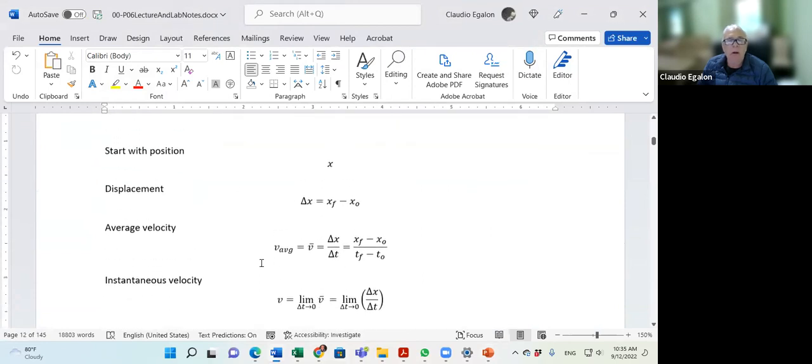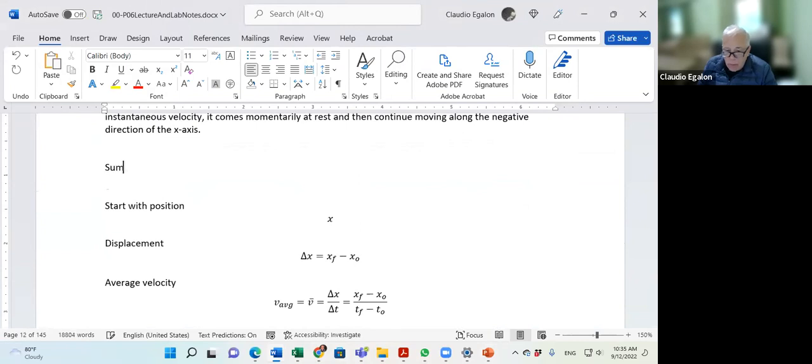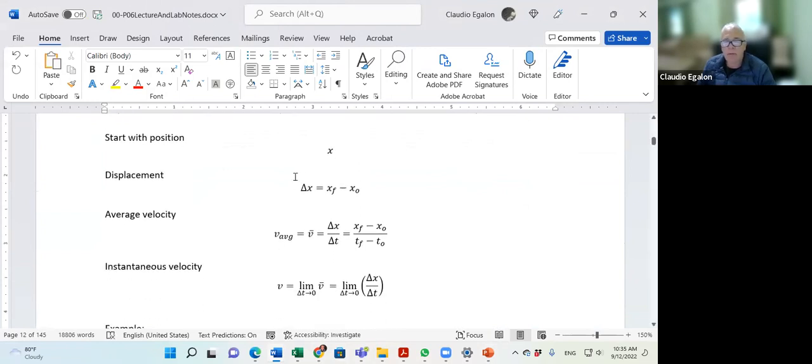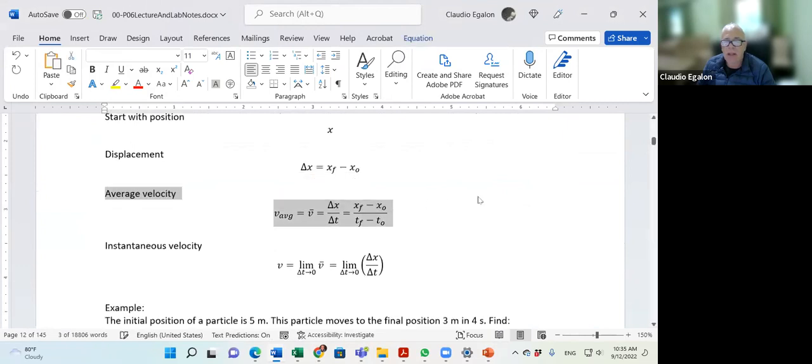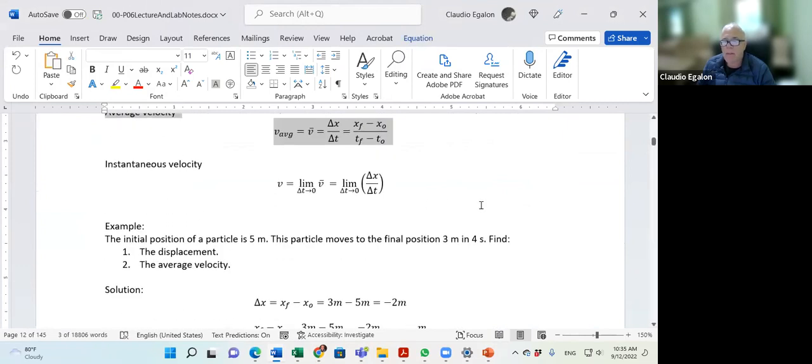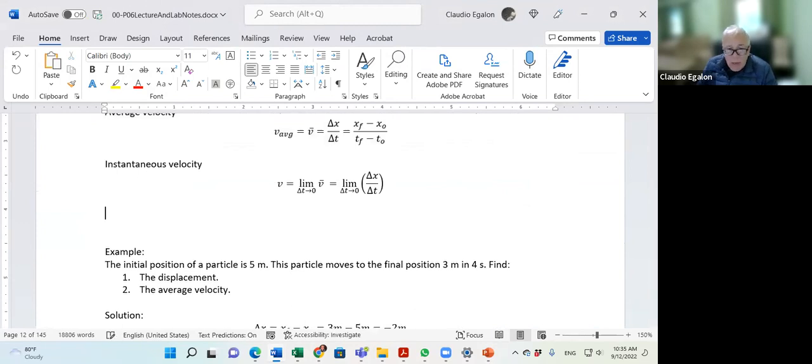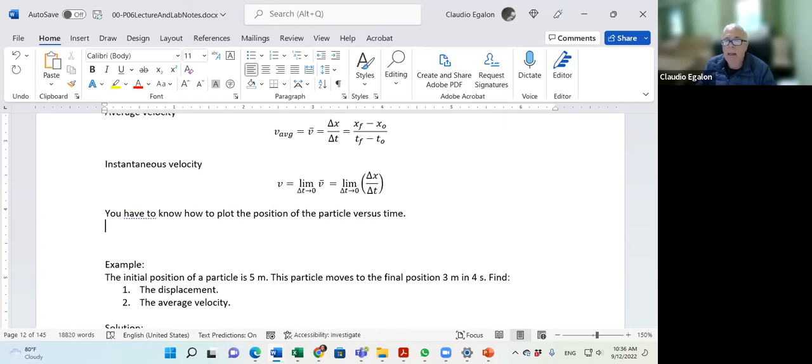Okay, so here is our summary of formulas. Start with the position, then we go to the displacement, we define average velocity, and then we define instantaneous velocity. You have to know how to interpret the graphs, okay? You have to know how to plot the position of the particle versus time, okay?